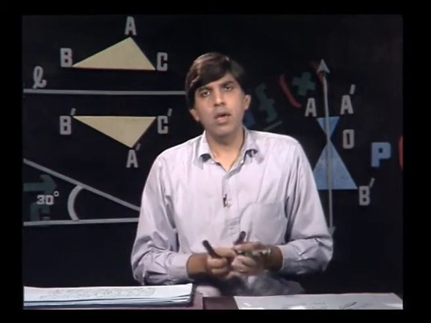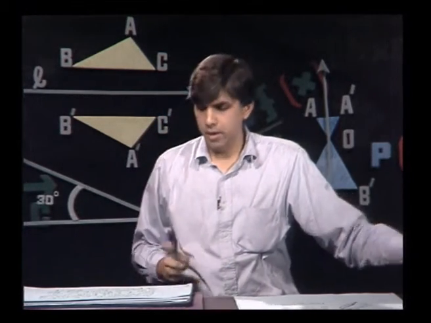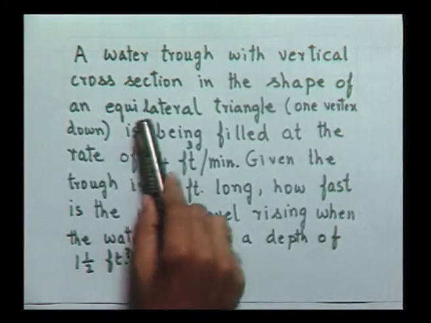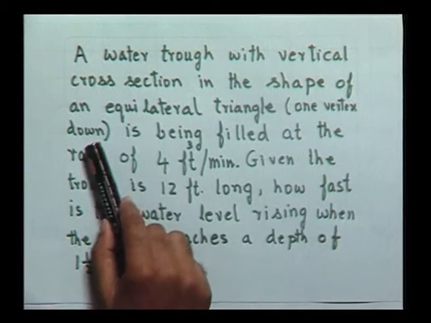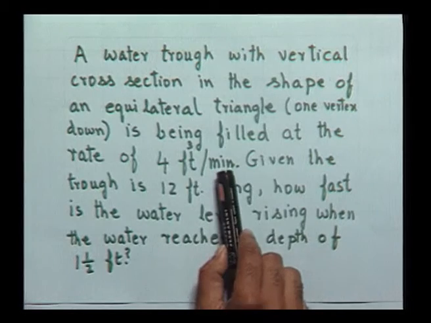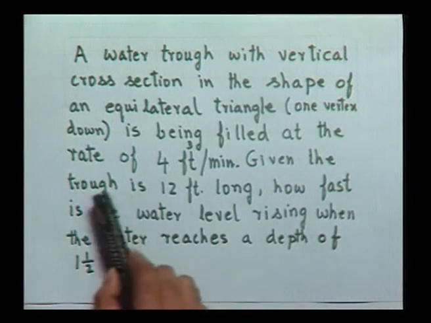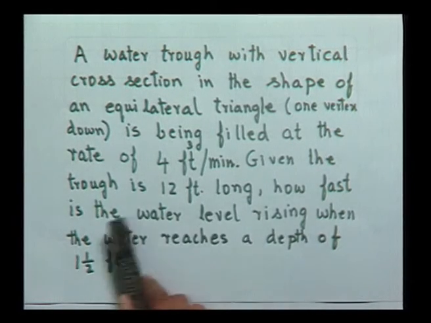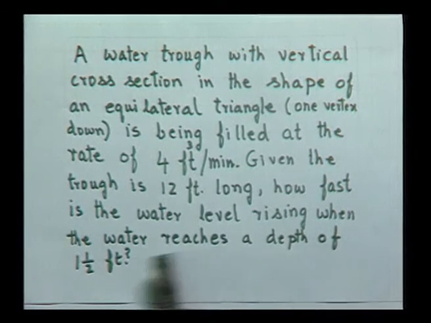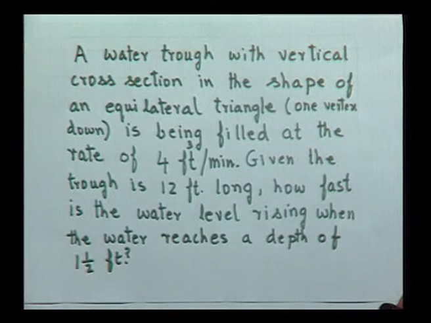Okay. Let's read the problem again. A water trough with vertical cross section in the shape of an equilateral triangle with one vertex down is being filled at the rate of 4 feet cube per minute. Given the trough is 12 feet long, how fast is the water level rising when the water reaches a depth of 1.5 feet?